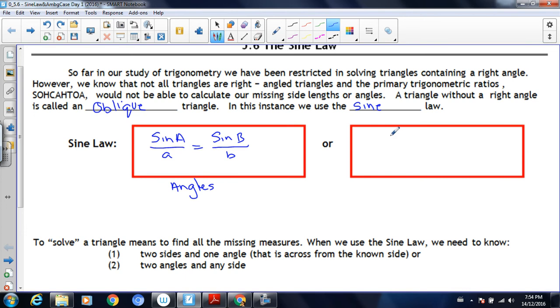Or we have side a over sine of angle A, equal to side b over the sine of angle B, and this is usually used when you're looking for sides.